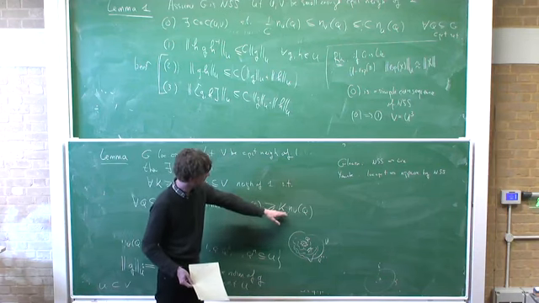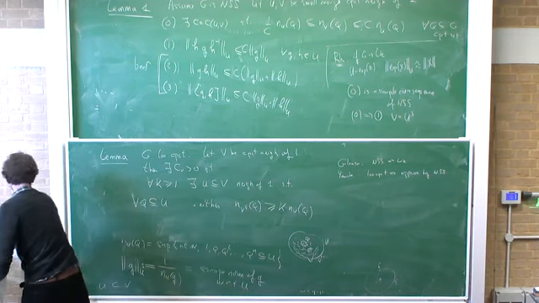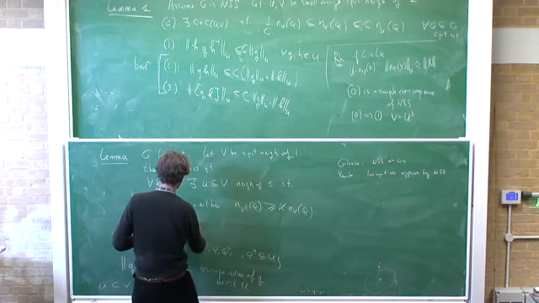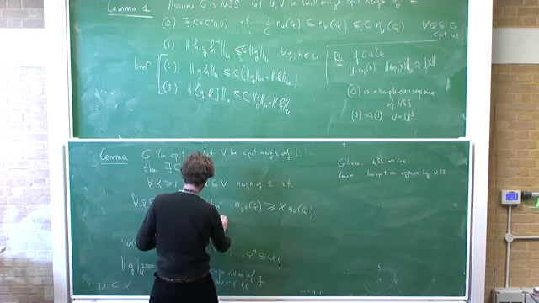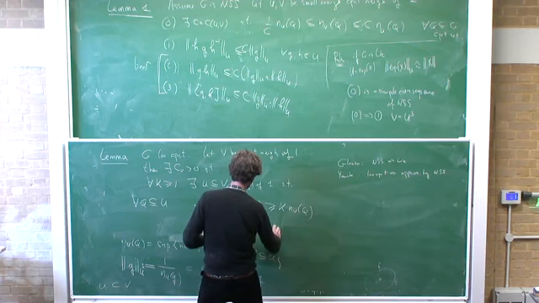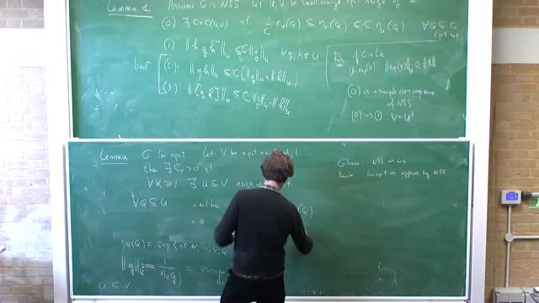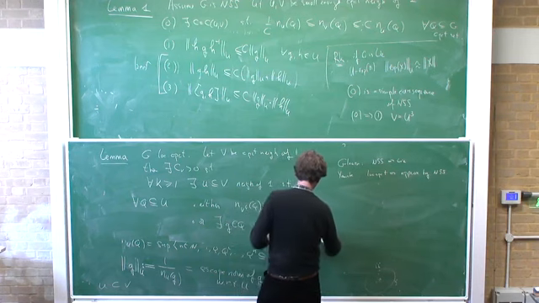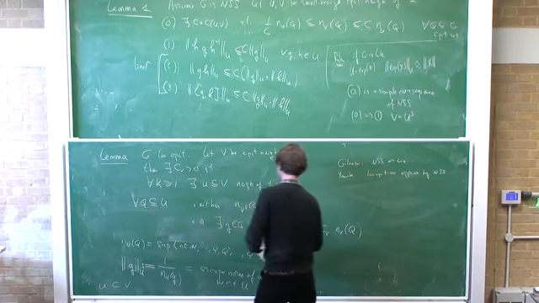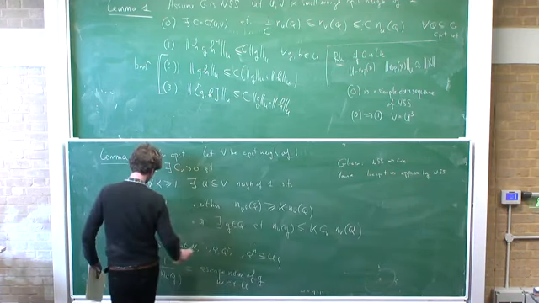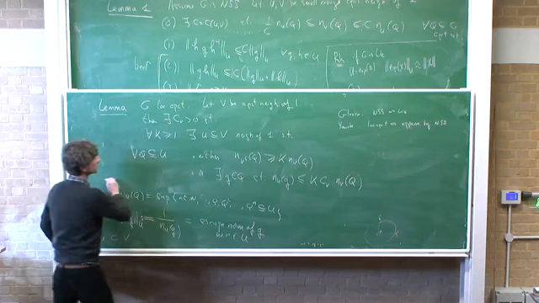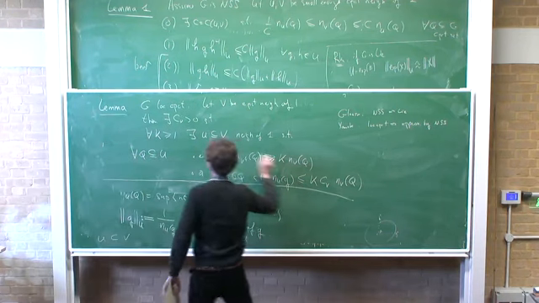Either they are not comparable in this quantitative way, or there exists G in Q such that N_U of Q is less than K times C_V times N_G of Q. That's lemma 2.